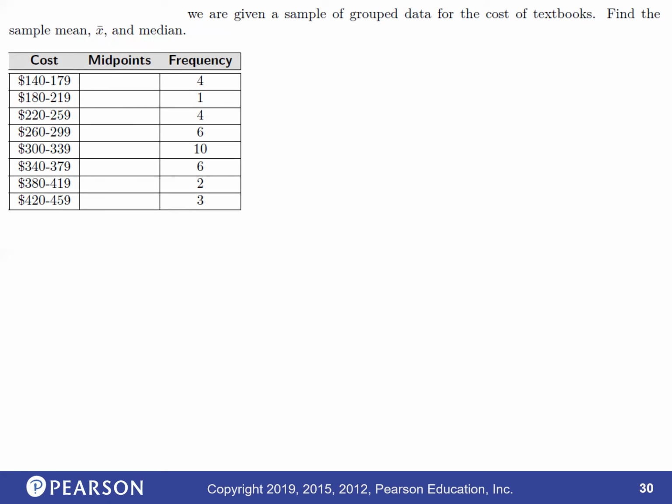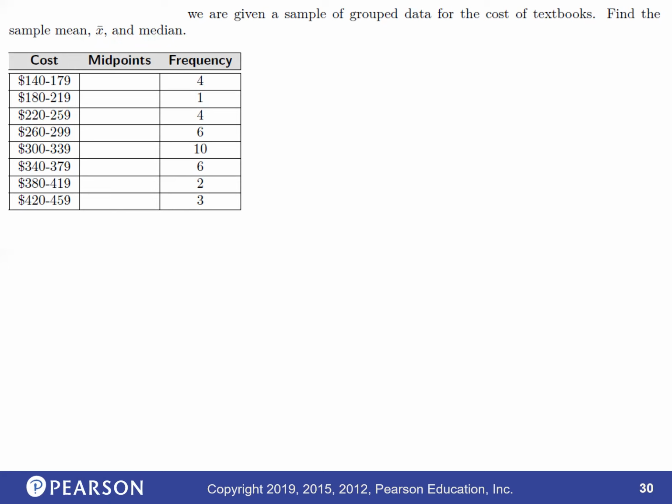How do you find the midpoint of the first one? Absolutely. Add the class limits and divide. So real quick, let's do this one together. If you have a calculator, ready? 140 plus 179, and then divide that by 2.